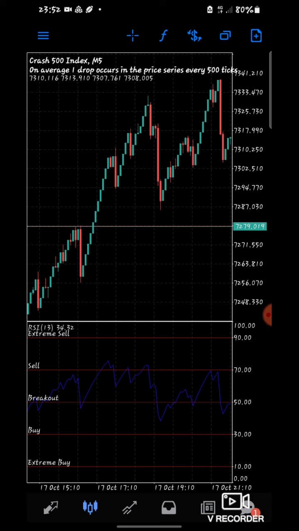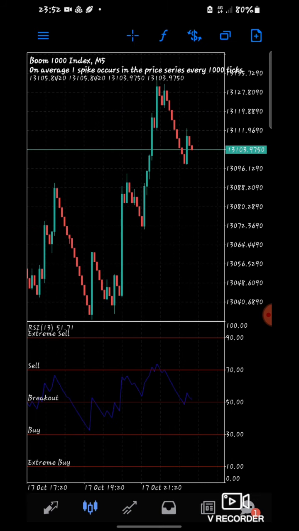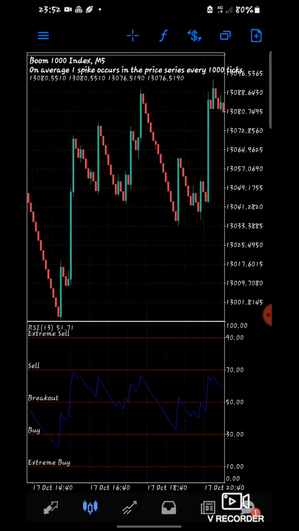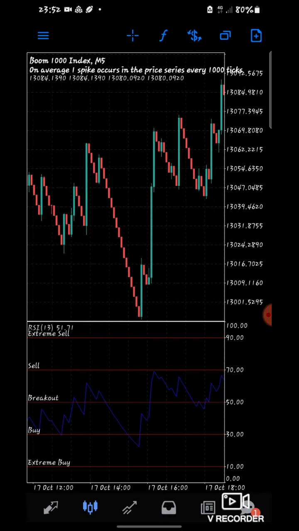They have the same direction of a bullish trend, and the same thing happens on boom 1000. Whenever the RSI touches the line 30, it applies to both boom 1000 and boom 500.